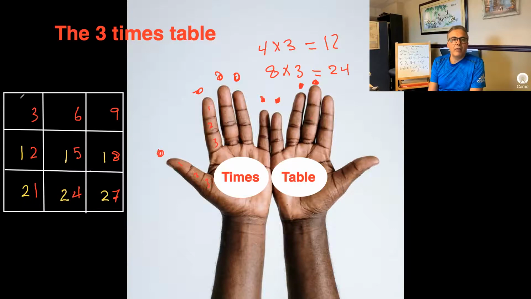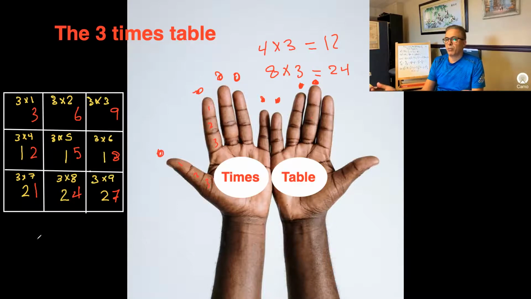Now, believe it or not, this is 3 times 1, this is 3 times 2, this is 3 times 3, and then 3 times 4, 3 times 5, 3 times 6, and that's 3 times 7, and 3 times 8, and 3 times 9.